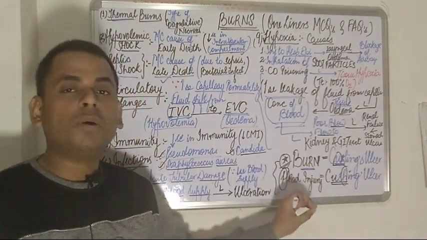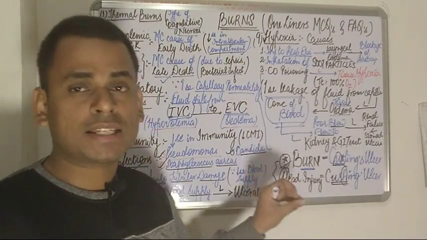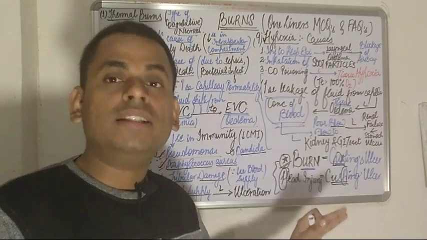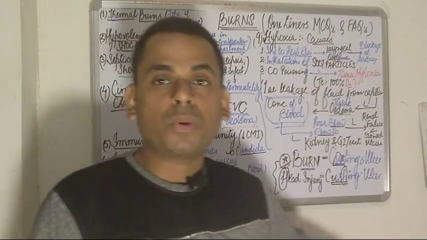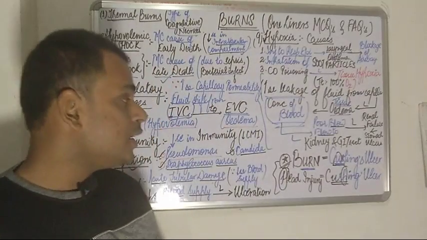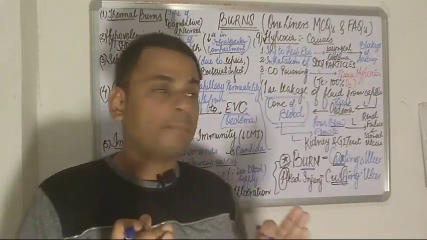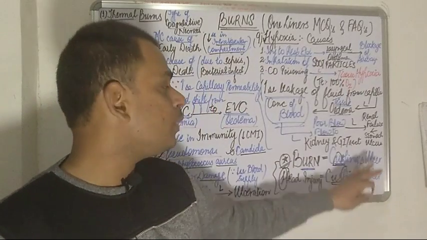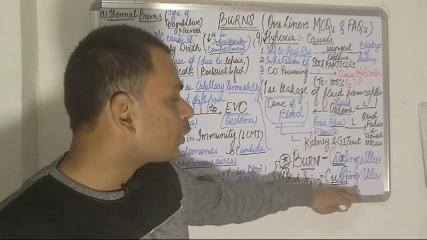Now, another very important and most frequently asked MCQ in competitive exams is about the ulcers found in burns. So students, do remember the mnemonic, with which we can very easily remember and not get confused between the two types of ulcers, the Curling's ulcer and the Cushing's ulcer.